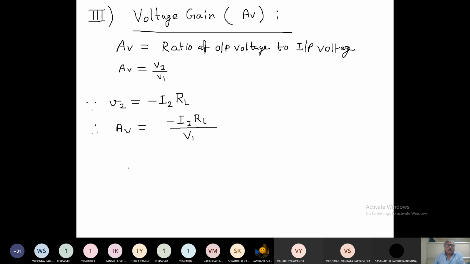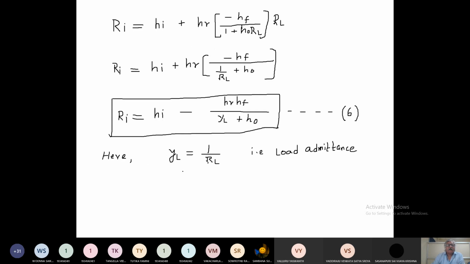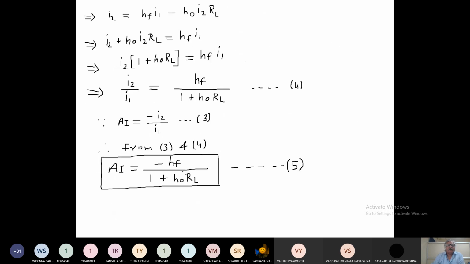Now, already we know this also, since AI is equal to minus I2 by I1. You can see here, already we used this expression.